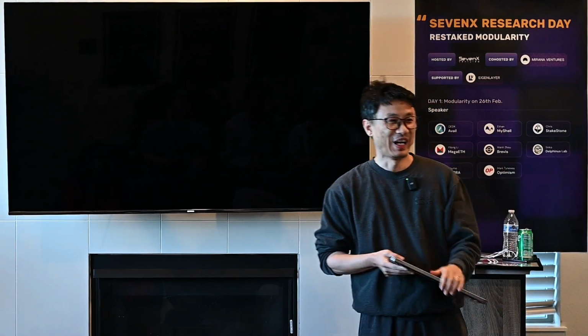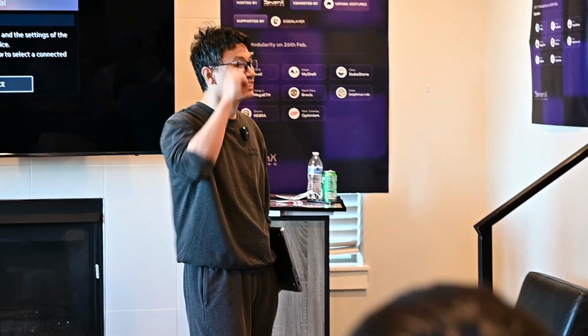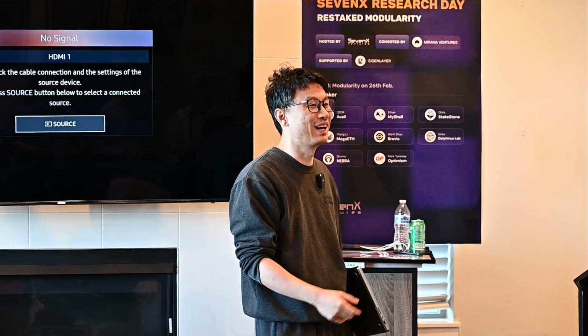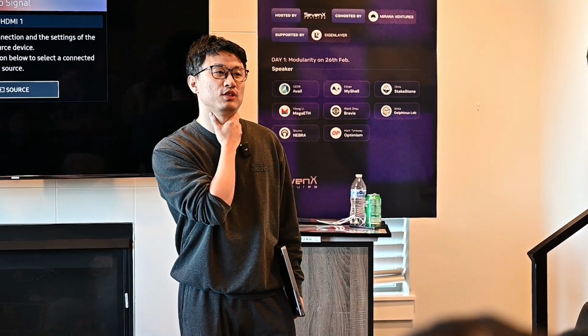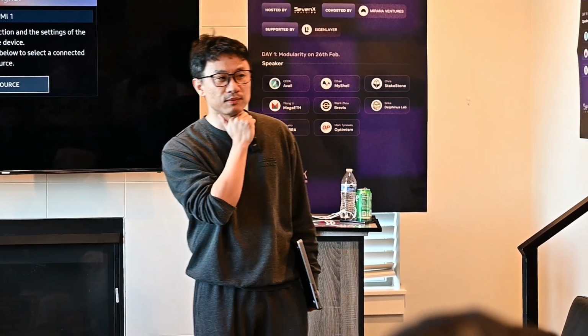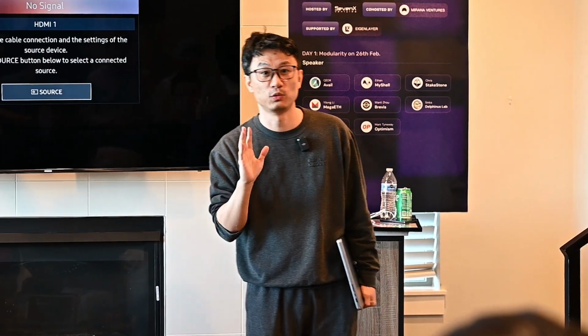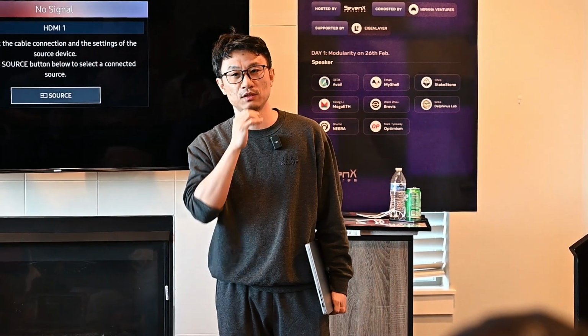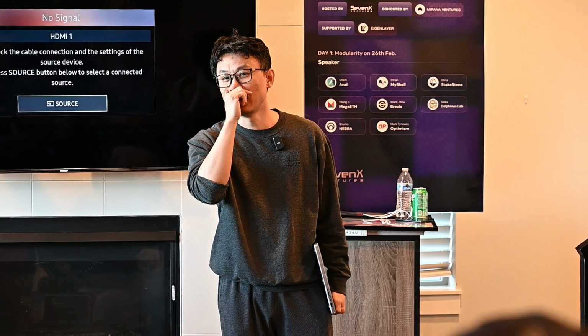How does the ZKWASM VM work? That could be even longer than my talk. It's a SNARK virtual machine that has 148 instructions. Compared to a famous virtual machine like RISC-0, which has about 38 instructions, we have 148 instructions.